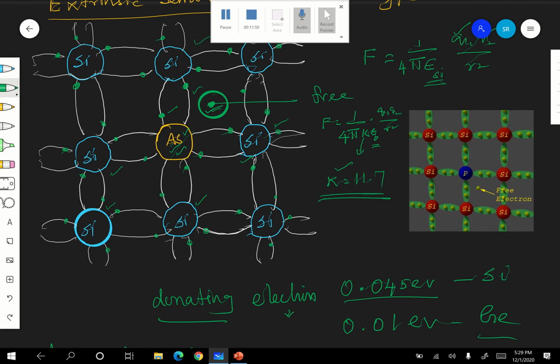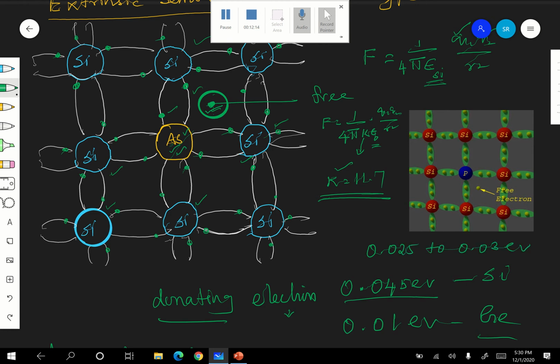Therefore, even at room temperature, it will jump from the valence band to the conduction band. Why? Because the thermal energy at room temperature is of the order of 0.025 to 0.03 electron volt only.